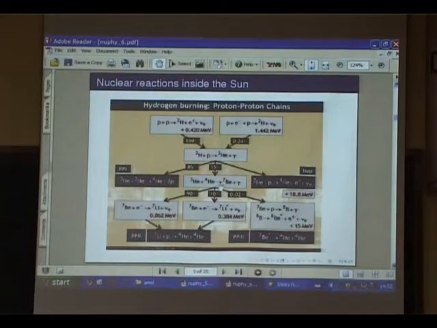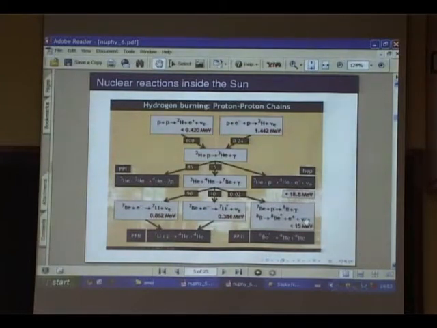Now once beryllium is formed, it can do various things. It can combine with an electron, make lithium and give out a neutrino. Or it can combine with an electron and give out a neutrino, but at 2 different energies. This is essentially electron capture from one of its shells giving you these 2. Or this beryllium can make a boron, and this boron again decays to beryllium-8 and gives out a neutrino.